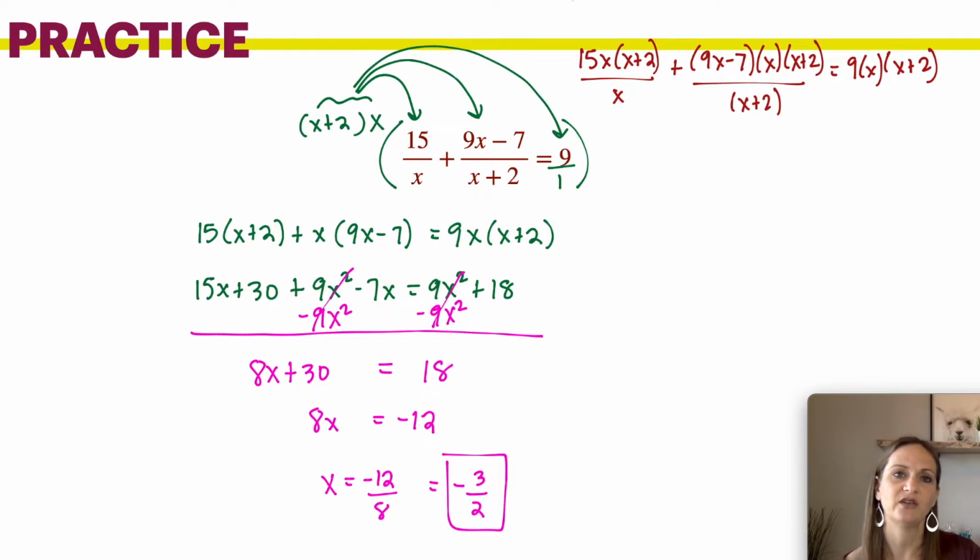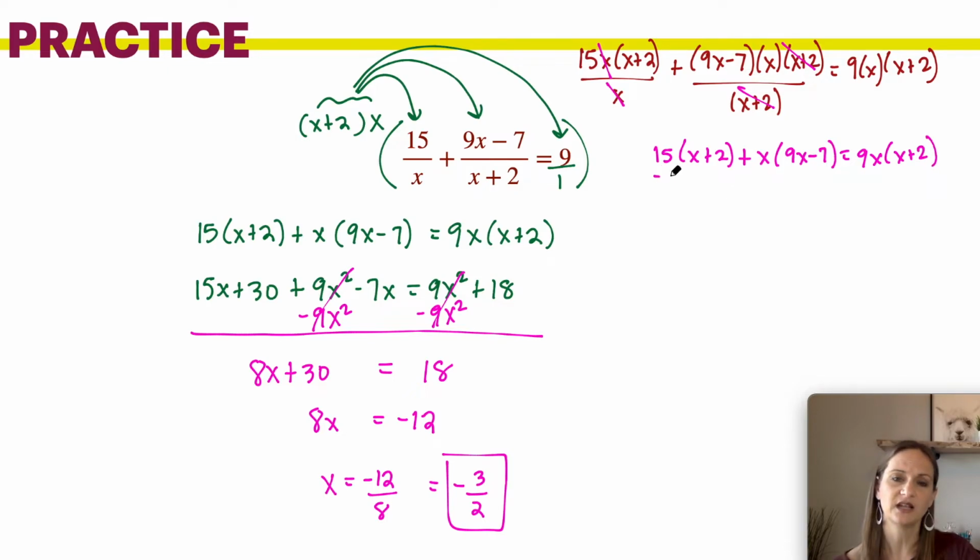So now I notice that x and x cancel, leaving me the 15 times x plus 2. Here, the x plus 2's cancel, leaving me the x times 9x minus 7. Here, nothing canceled, and so I actually have the entire thing left over.